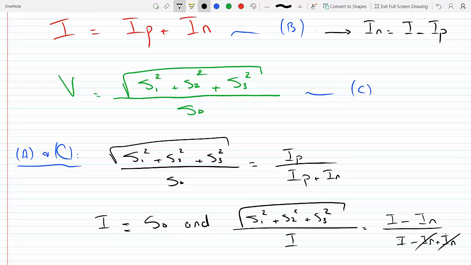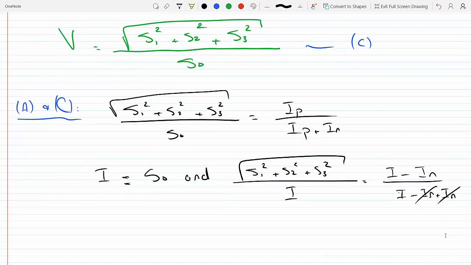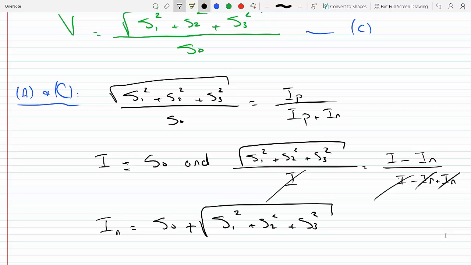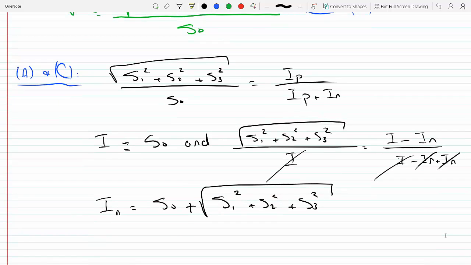So these two go away because IN minus IP is I minus IN. Yep, that's true. So now that these two go away, I get my IN to equal I, which is just S0, minus, move that to the other side, the square root of S1 squared plus S2 squared plus S3 squared. So this is the expression for IN.